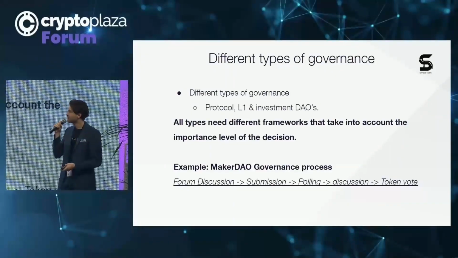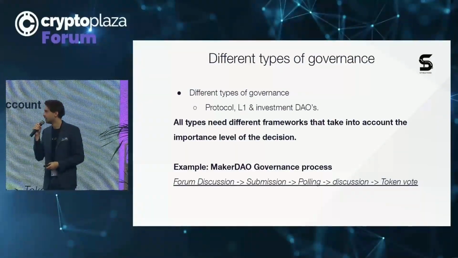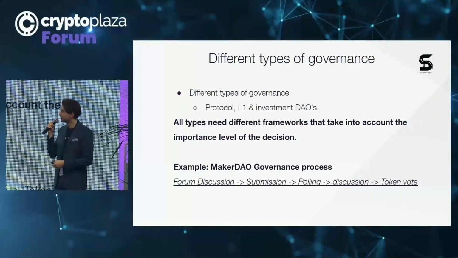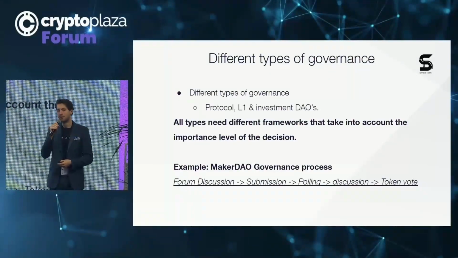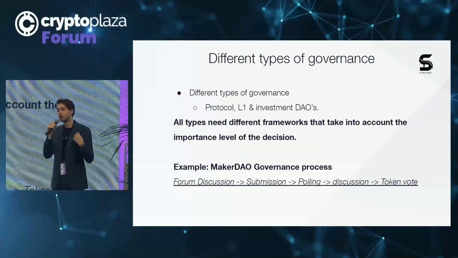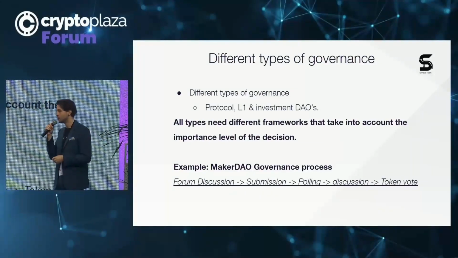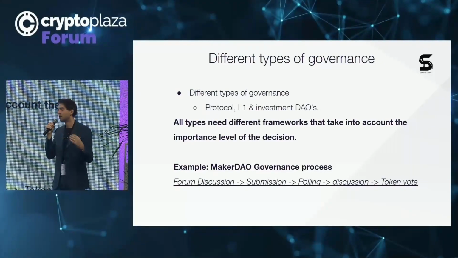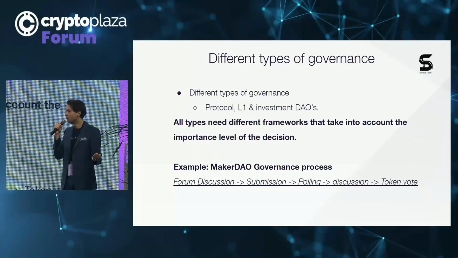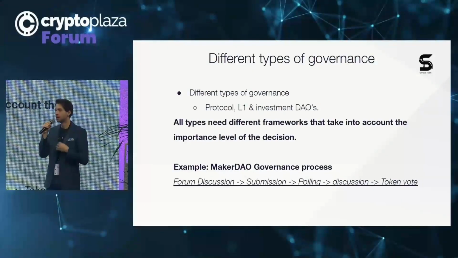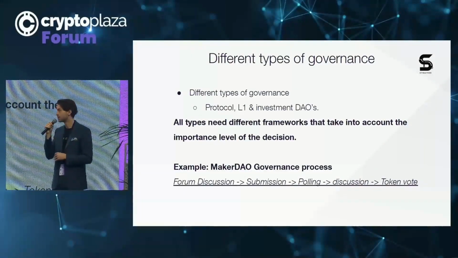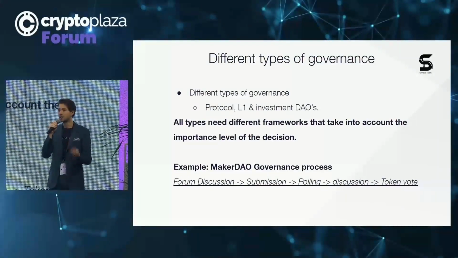For the layer ones, there are some other issues that we have seen. For example, let's say you're doing governance as a validator, and you see that the block history has been altered by the blockchain themselves. What do you do about something like this? Because as a validator, your entire income and revenue stream relies on people staking with you.